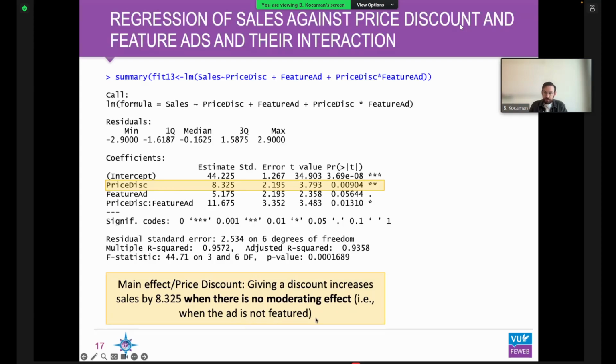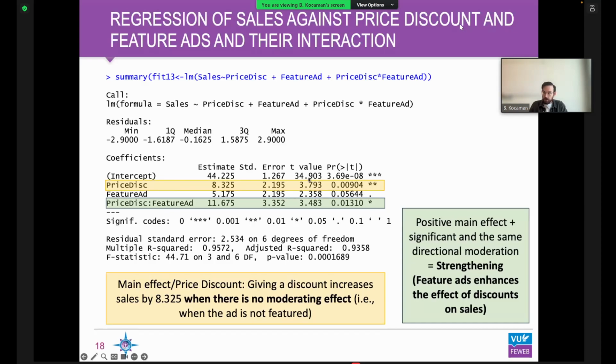So when the ad is not featured in the flyer. Similarly, I didn't include it here, but if you look also at feature ad, you can also interpret this as the main effect of feature ads is 5,000 euros when price discount is 0. Okay.